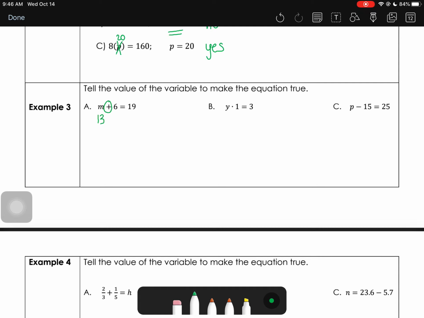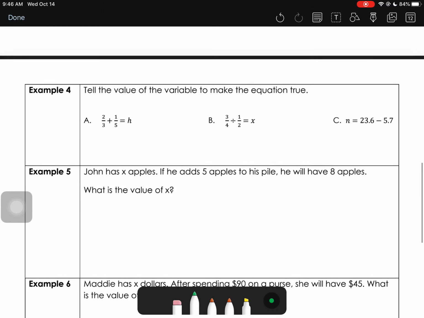What number times 1 is 3? 3 times 1 is 3. What number minus 15 is 25? Well, that's a big number. That would be 40. And if we don't know how to do that in our head, we could do the opposite of what this says. So what number would it be if I do 25 plus 15? And that would be 40.